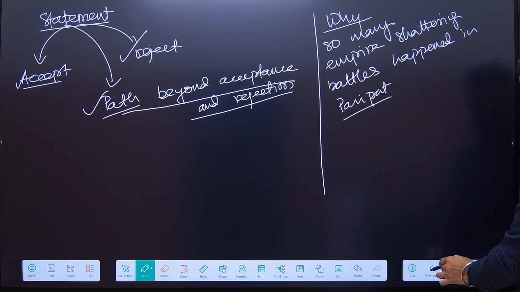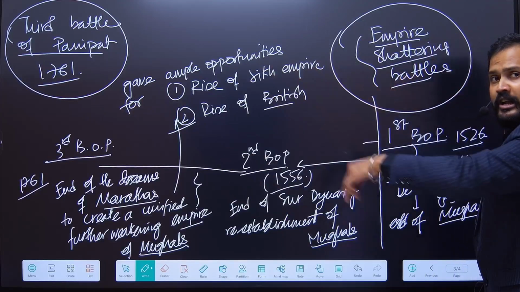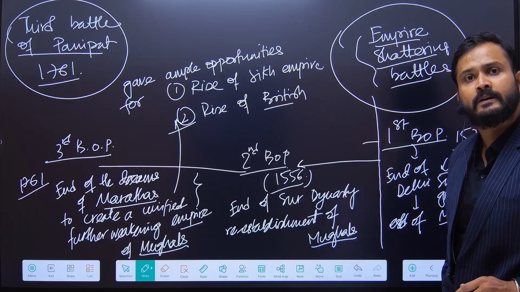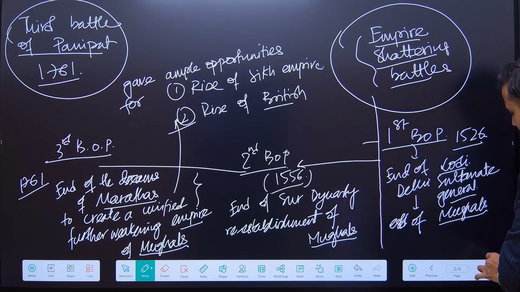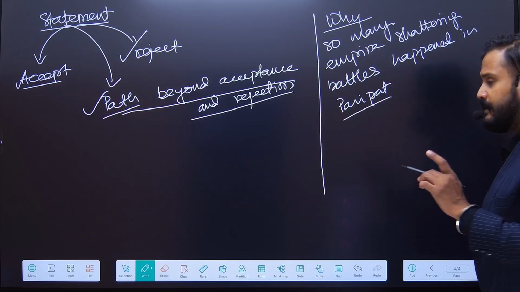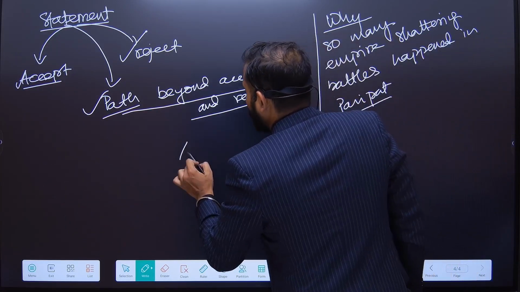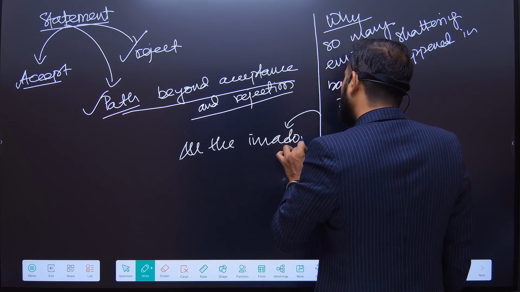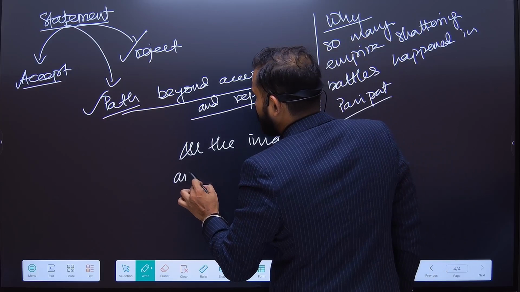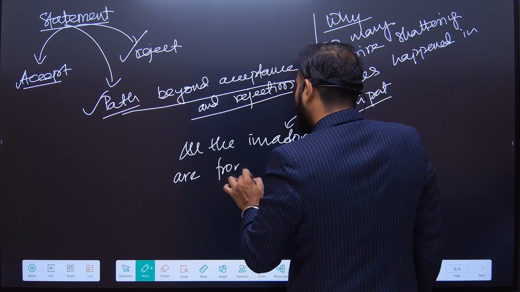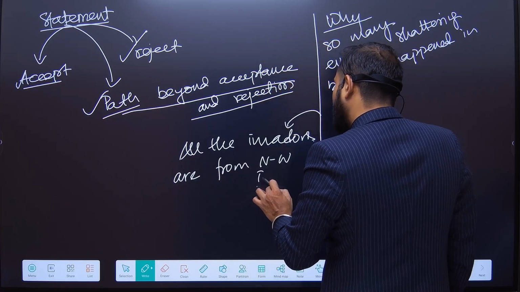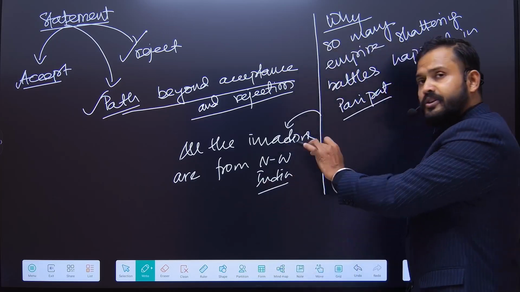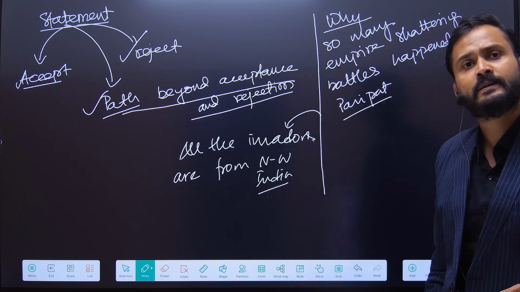It is enshrined, the clues are here, that is why we are elaborately discussing these points. All these invaders, what is their key understanding? All the invaders are from northwest India. The clue is embedded here itself.